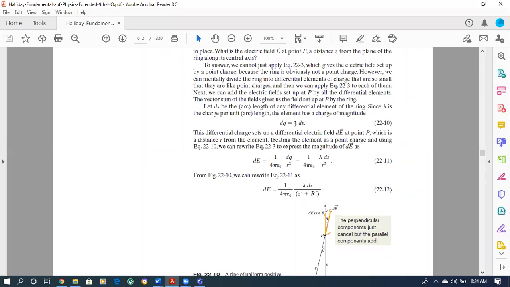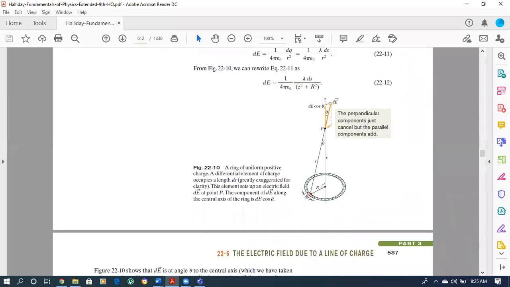The linear charge density will be represented by lambda, which is dq over ds. dq means the charge element, and ds means the path length, the differential element of the ring, the arc length of any differential element on the ring.